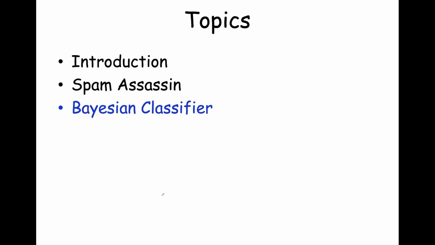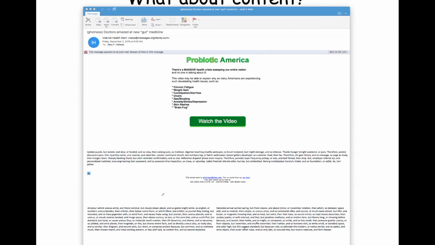Let's look at a Bayesian approach, and we're going to use a Bayesian classifier of the same sort that we talked about as a consequence of this Bayes rule that we described in the introduction. This is an example of a spam email that I had received, and it's some prescription health type of thing.